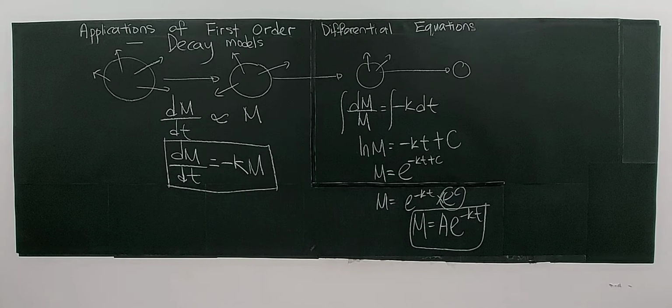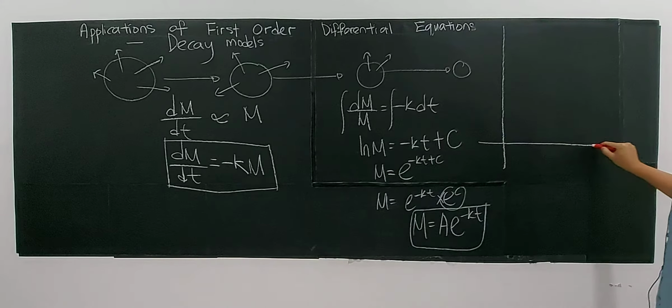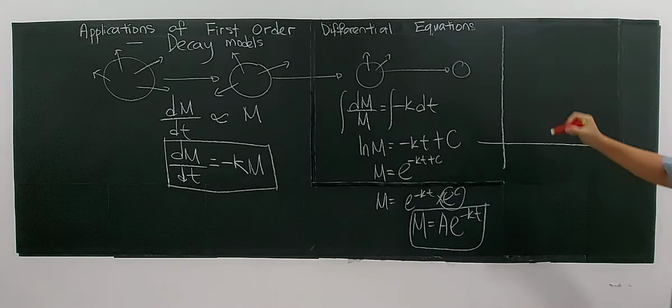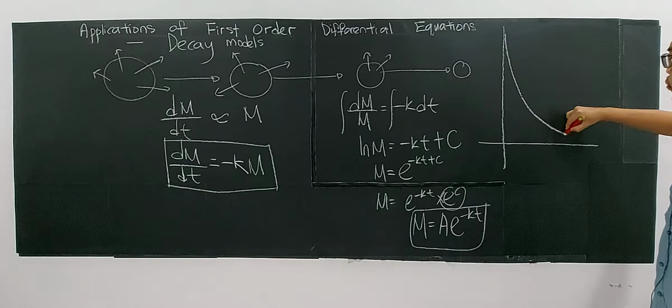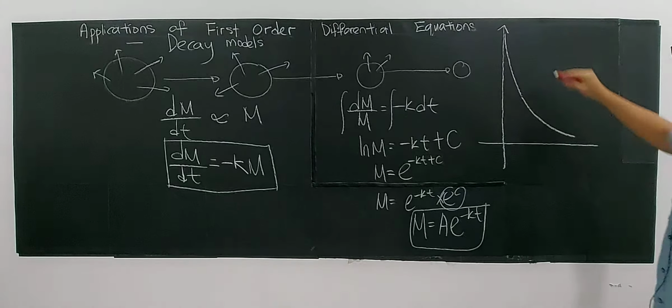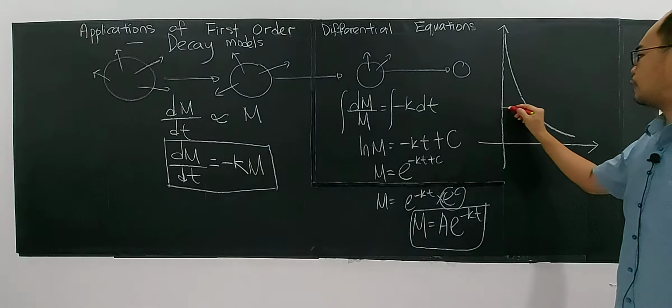As you sketch this type of graph, as you saw before in your physical science class, you will see this type of graph which you have seen when you studied radioactive substances, where you have half-life.